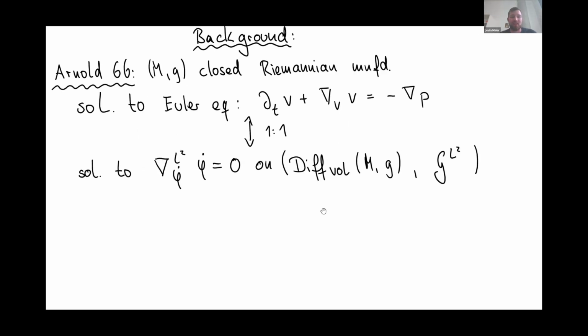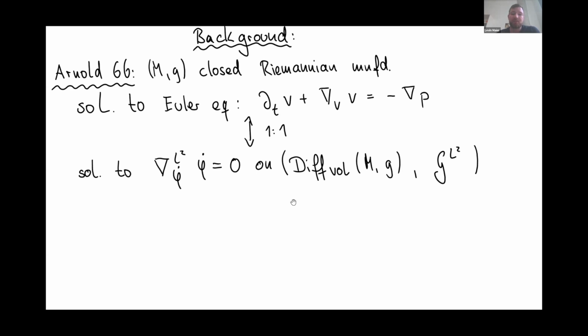So we will start with the background. In his most cited paper, Arnold sketched, or proved, the following. We start with a closed Riemannian manifold. Then solutions to the Euler equation, which has this expression, on a finite dimensional manifold are in one-to-one correspondence with solutions to the geodesic equation on the group of volume preserving diffeomorphisms equipped with the L2 metric.